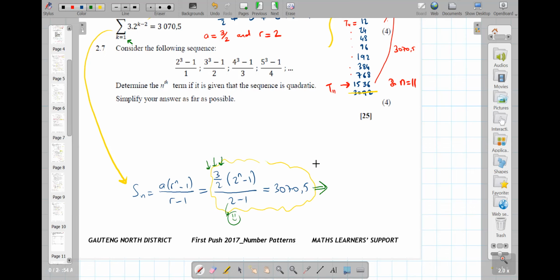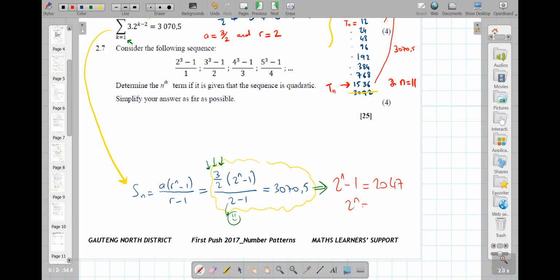So 3070.5 divided by 3 over 2, what do you get? We got 2047. So 2 to the n minus 1 is 2047.